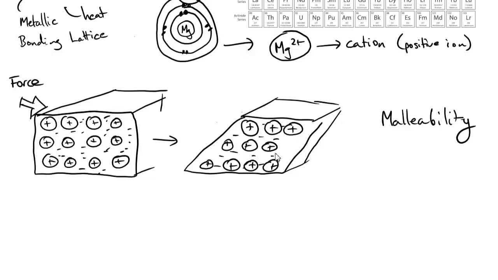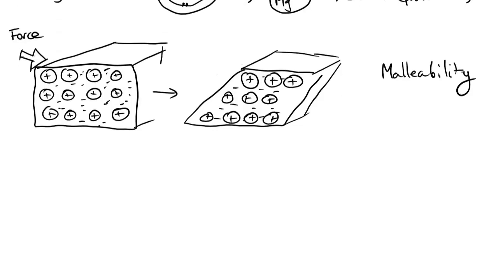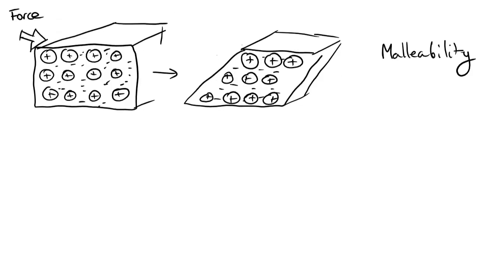Okay, now if you looked at ionic bonding, which is actually the next chapter in our tutorial, ionic bonding is a lot different than metallic bonding, and the reason why is because within ionic bonding you have a positive ion followed by a negative one followed by a negative one. So remember that positives and negatives attract, so you have this kind of arrangement, and these are ions.